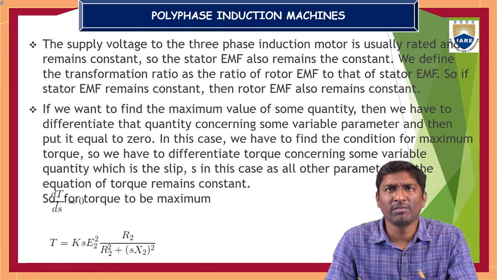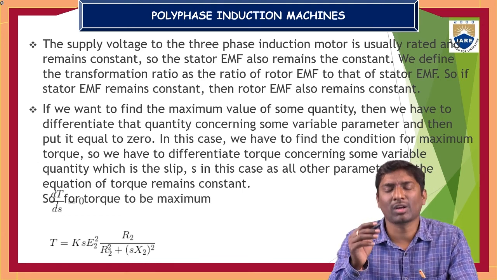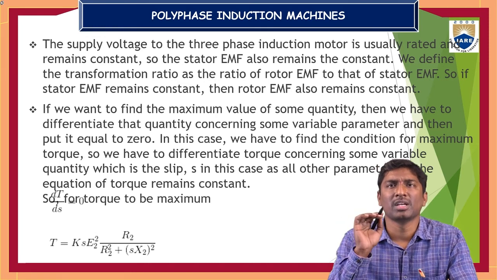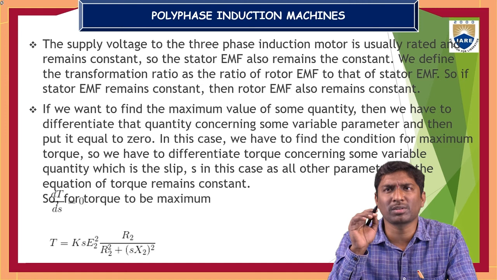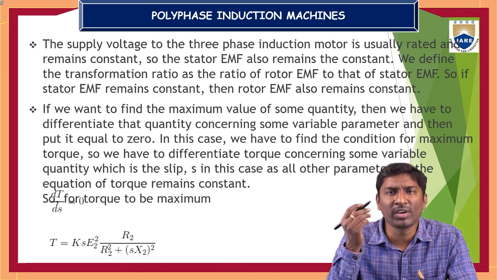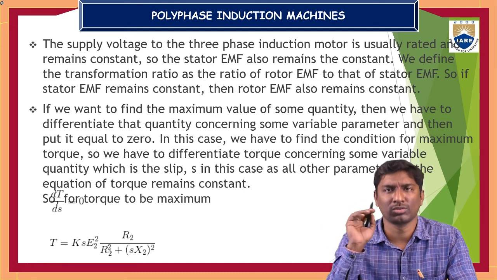We define the transformation ratio as the ratio of the rotor EMF to the stator EMF. So if the stator EMF remains constant, the rotor EMF also remains constant. If you want to find the maximum value of some quantity, you have to differentiate that quantity with respect to some variable parameter and set it equal to 0.